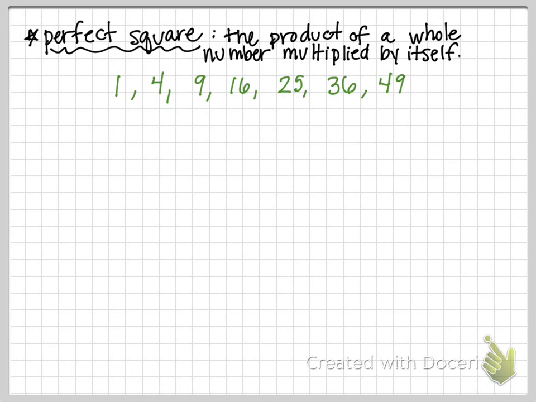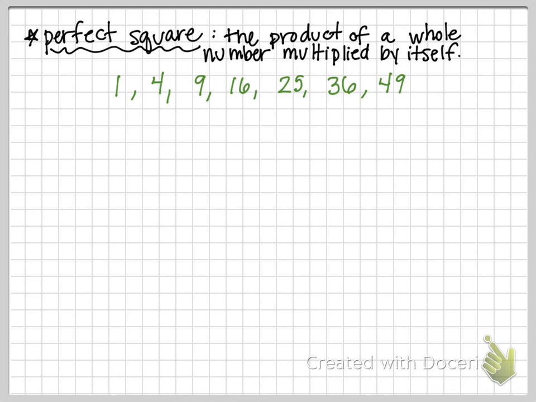So 49, 64, 81, 9 times 9. That's 12, yes. Good. We'll work on it. 100, 10 times 10. 121. 144. 169 is 13. 14. 196. 225.